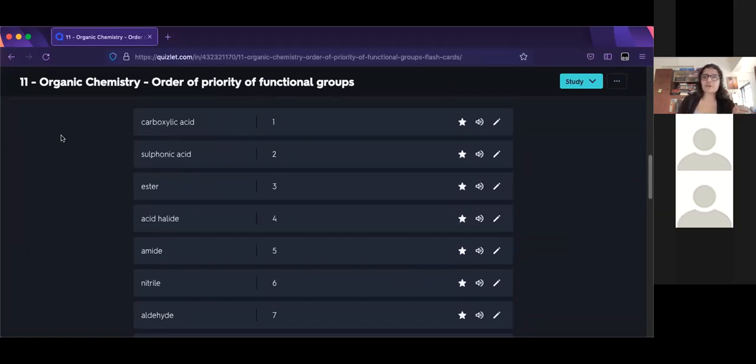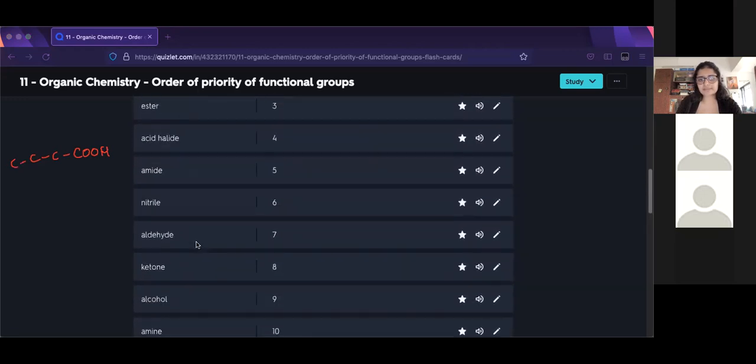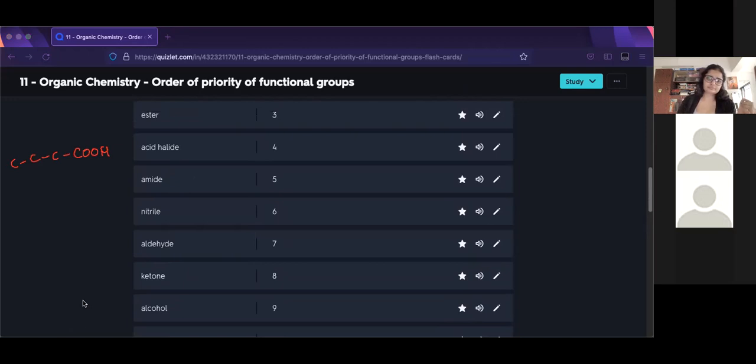So suppose you have a compound that has a carboxylic acid, a COOH, and let's say a ketone. So it's decreasing, right? Yes. Then you have to consider COOH to be the highest priority, because this is in the corner, this will always get 1. And from here calculate the chain length, 2, 3, 4.